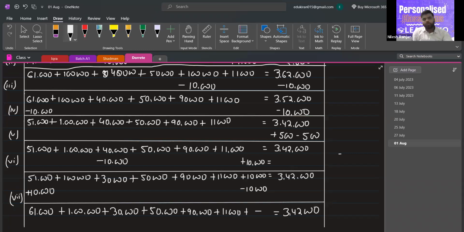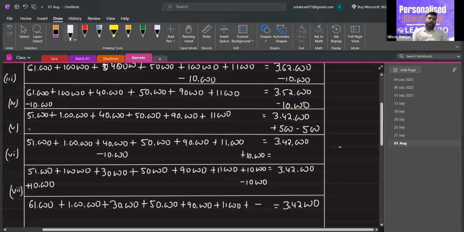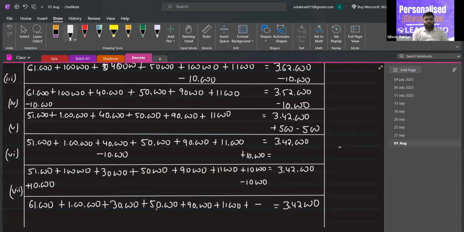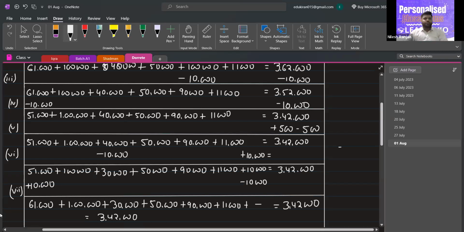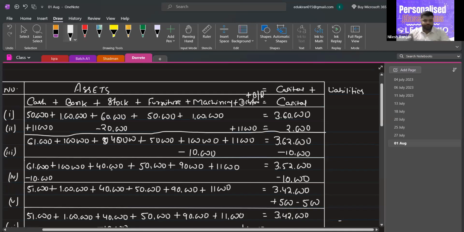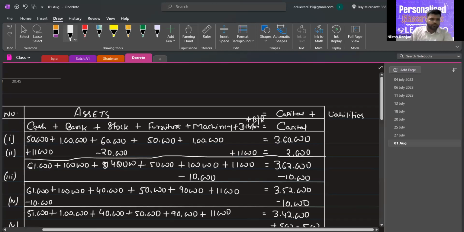Actually, after every transaction, you have to add your total: 1,30,000, 1,80,000, 2,70,000, 2,80,000, 2,81,000, 2,82,000, 3,42,000. So this is your accounting equation solution of question number 15.